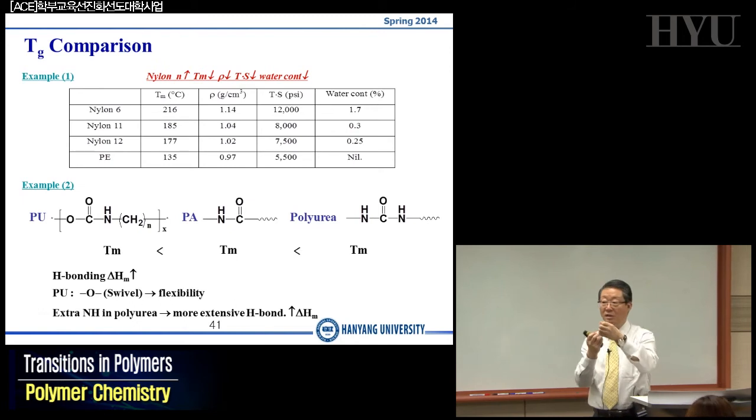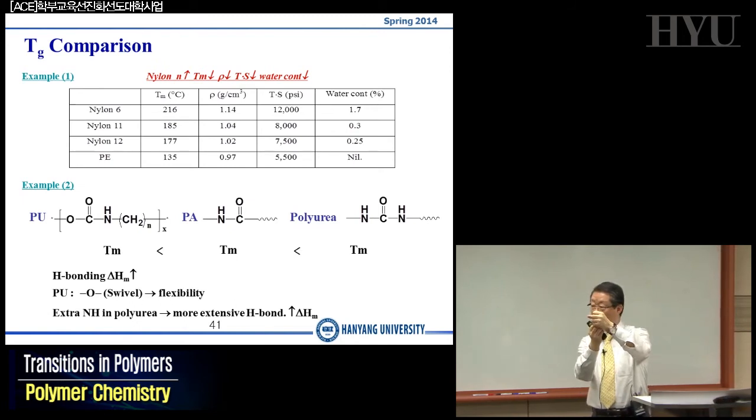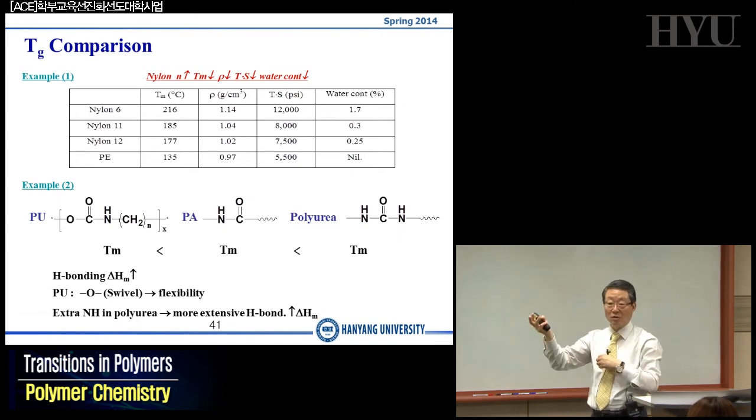TS is the tensile strength. Tensile strength is the one where, if you have a higher modulus material or tensile strength at break, the material is much stronger.